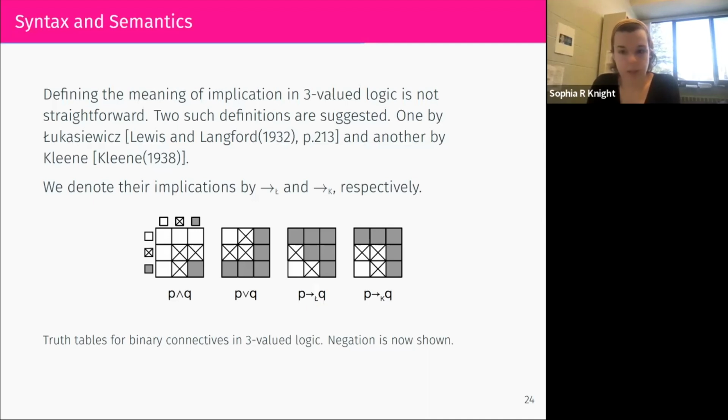So uncertain implies uncertain, that's true in Lukasiewicz logic. In Kleene semantics, uncertain implies uncertain is uncertain. So it's almost like uncertainty is contagious or something like that, people say. So 2 different notions of implication, 2 different operators. So we wonder, are any of these things definable in terms of one another?